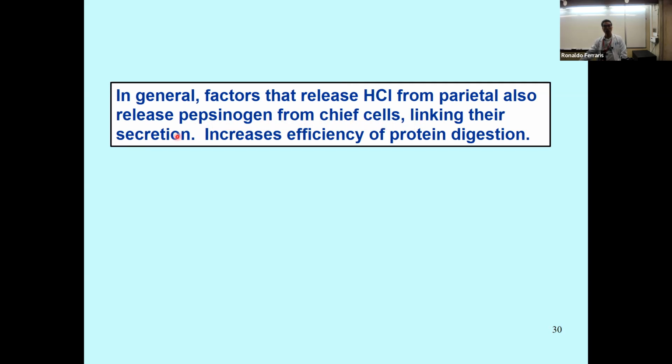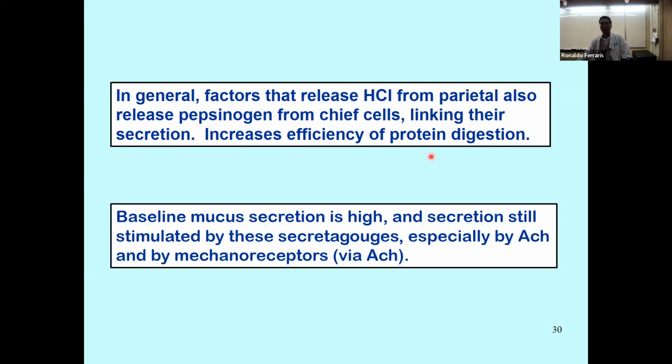So you time the release of pepsinogen so that it coincides with secretion of hydrochloric acid, which increases the efficiency of protein digestion. The biggest stimulation for mucus secretion is also by these secretagogues, but the biggest contribution is by acetylcholine. And I'll show you also mechanoreceptors in the later part of this lecture.